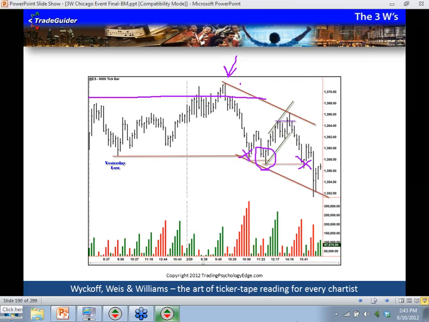All right, so let me just do a quick summary. What we tried to do is take a look at integrating some of the classic ways of reading price bars by the volume and the spread and the close, in comparison to the last bar, in comparison to other bars in the same area.